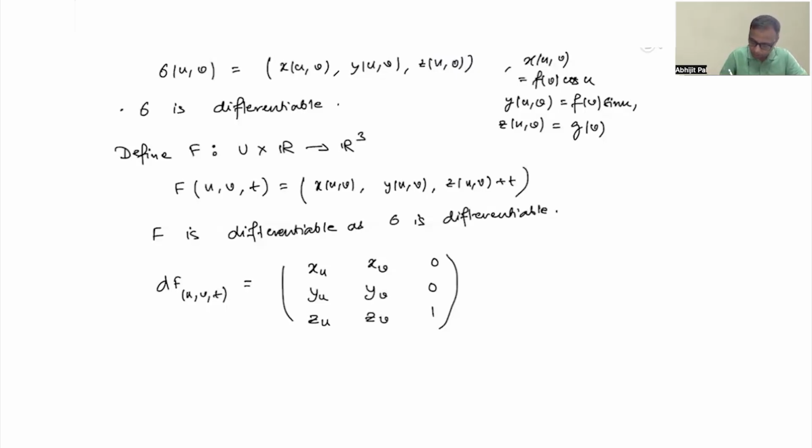Okay. So what will be the determinant of this matrix? So this will be del(x,y)/del(u,v). Okay. All right. And similarly, also I can define this thing.